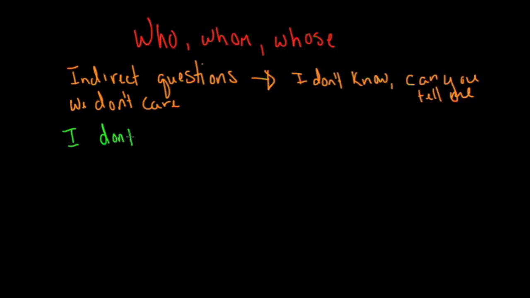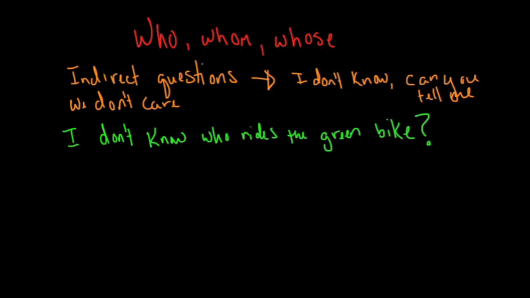I don't know who rides the green bike. So here you can see is our who. And if you remember from the last one, who replaces he. So in this question, I don't know who rides the green bike, the answer would be he rides the green bike.